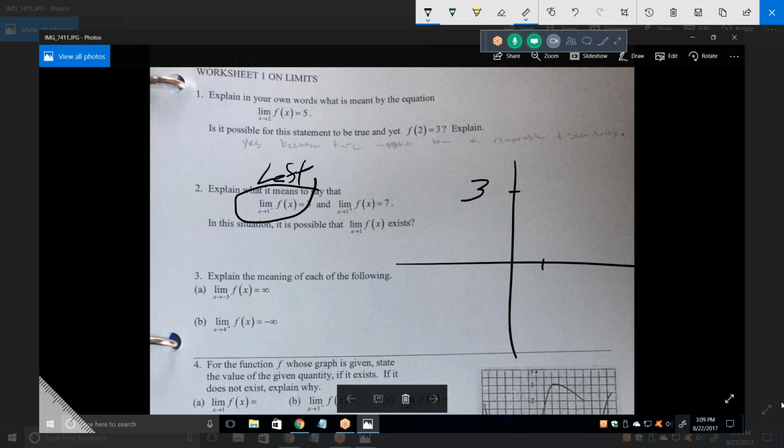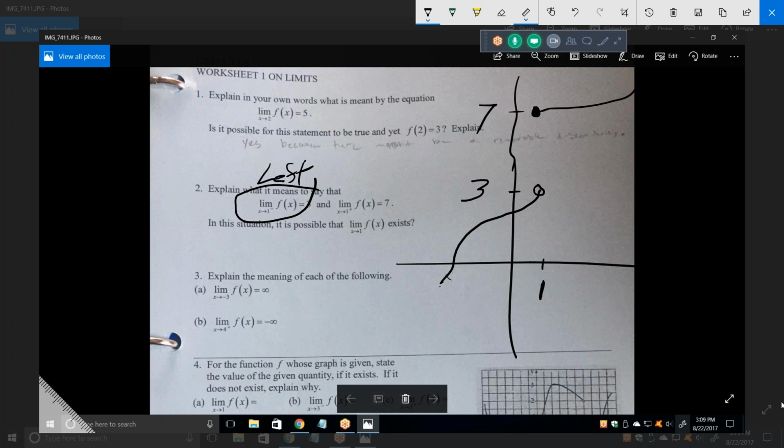So they're saying that as x approaches 1, you have a function kind of like this. Now, if from the right it approaches 7, there you have the kind of function they're talking about.